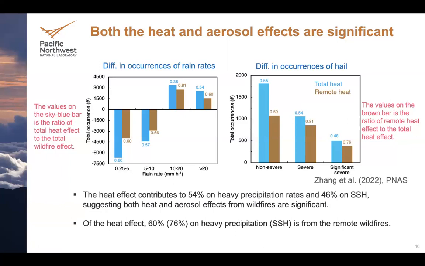What we find is that of the heat effect, 60% on the heavy precipitation and 76% on the significant severe hail is from the remote wildfire. This further implies why the remote wildfire impact is more significant than the local wildfire impact.